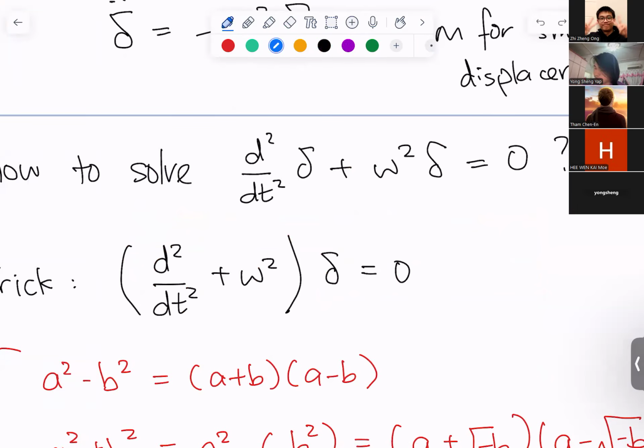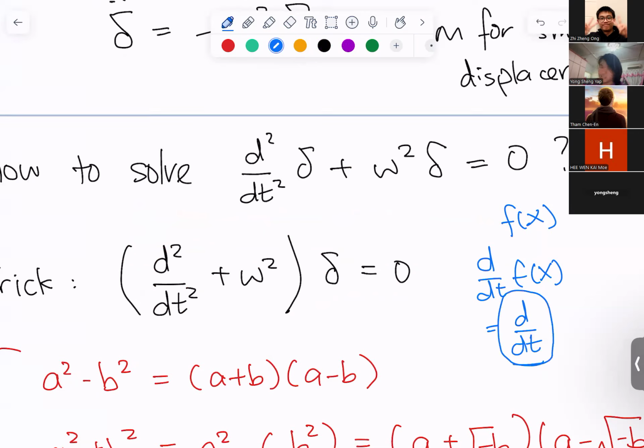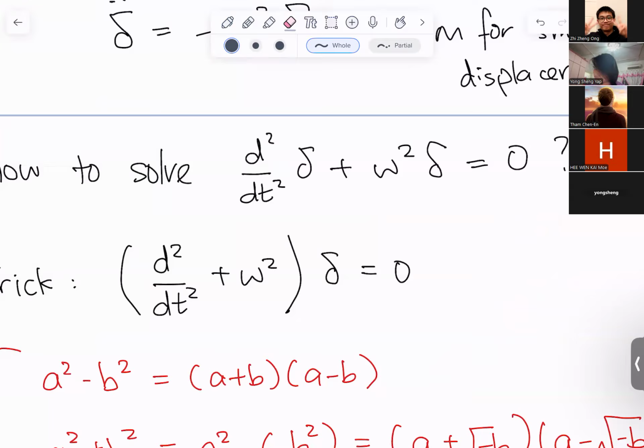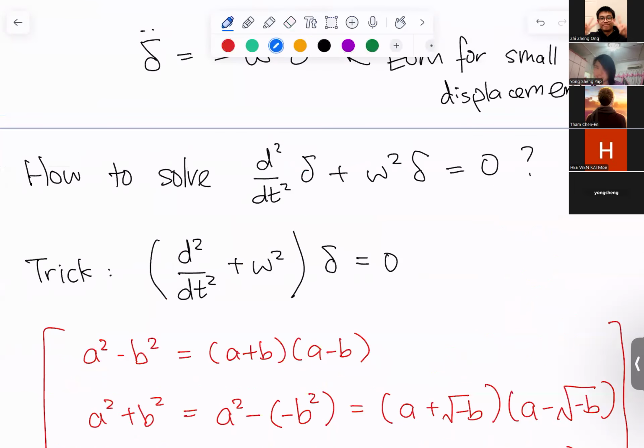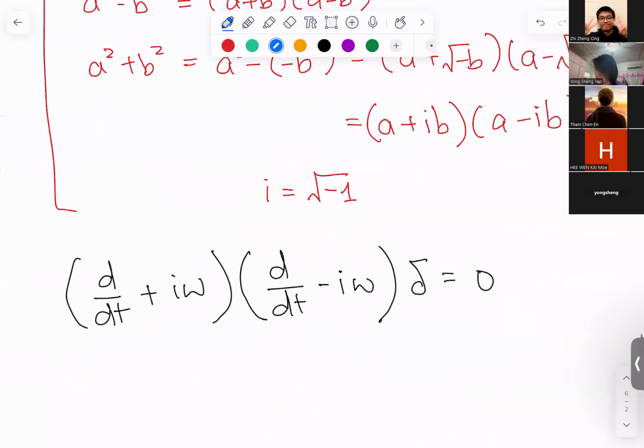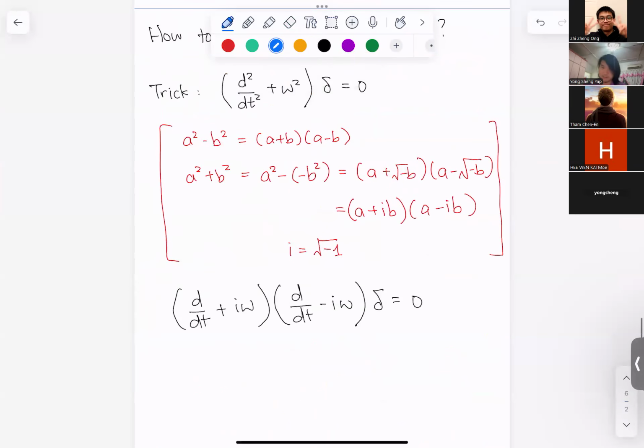If you have a function f of x, the derivative acts on f, such that d over dt is multiplying by f such that it takes the derivative. So as I said, let's just say that this is legal to factorize this out. Okay. And let's work from there.